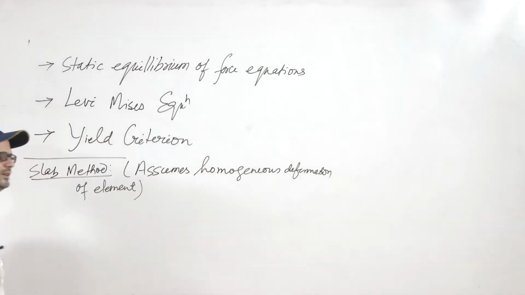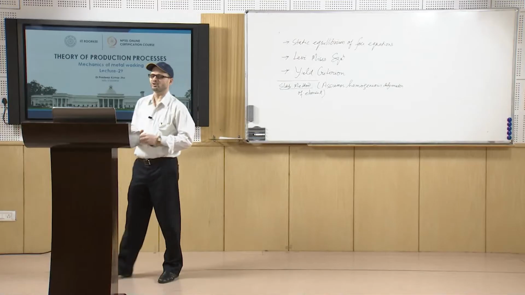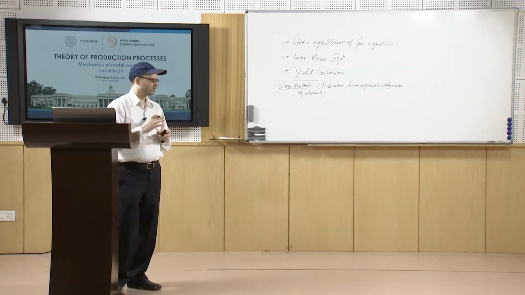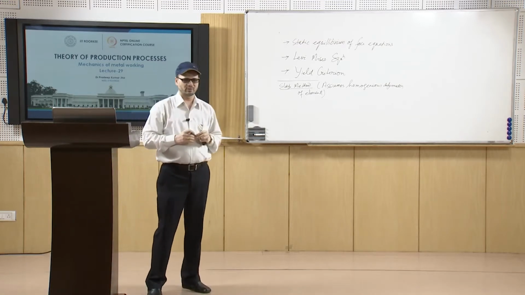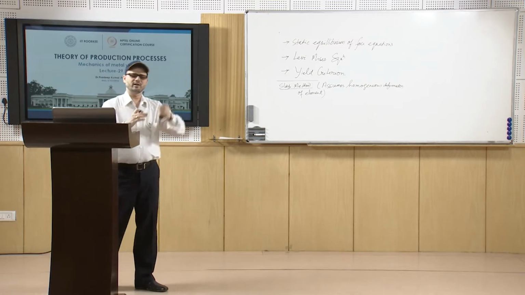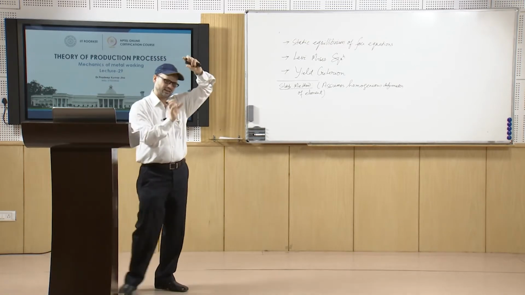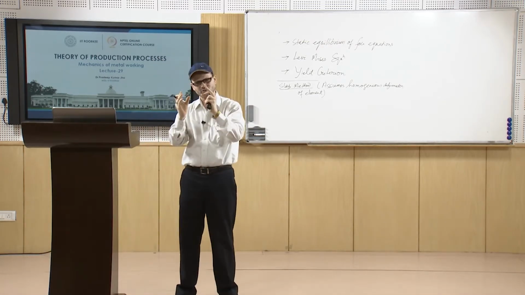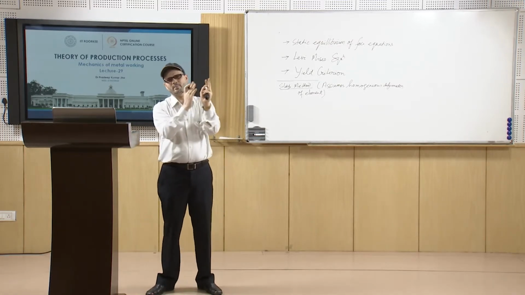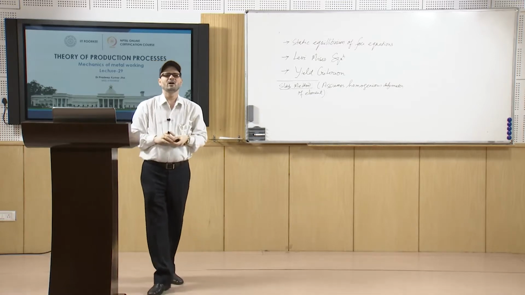It assumes that in the deformation zone, the deformation of the element is homogeneous, meaning if there is one element which is rectangular in nature, after the deformation also it will be rectangular in nature, whatever the cross section. So, that way you have the homogeneous deformation.